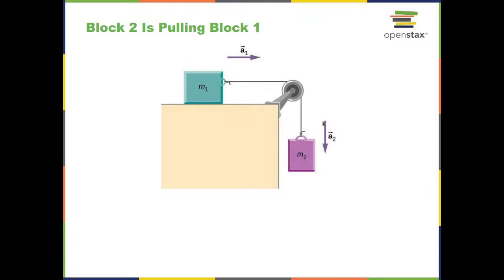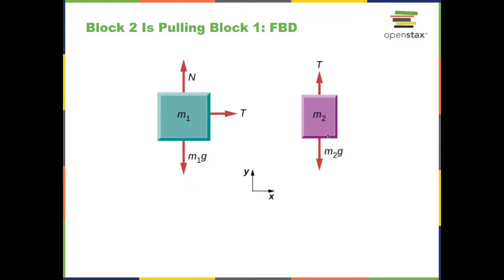Since these two blocks are connected, a1 and a2 will, of course, have the same magnitude, right? So a1 and a2 could both be equal to a. So m1 will have an acceleration a, and m2 will have an acceleration a as well, except it will be in the vertical direction.